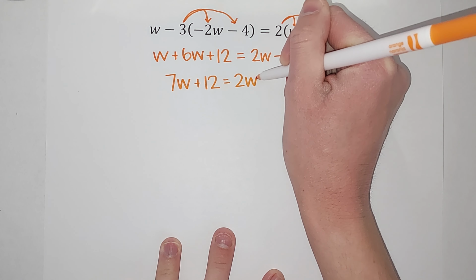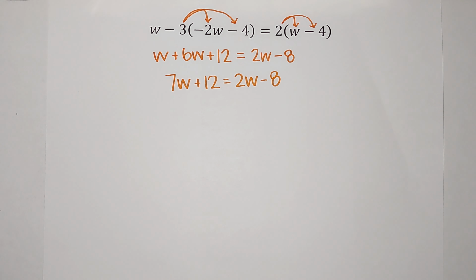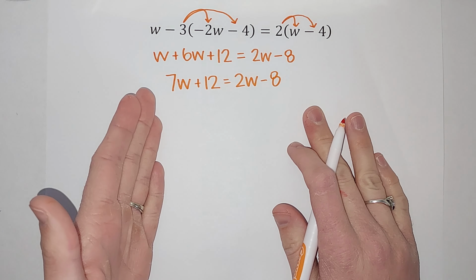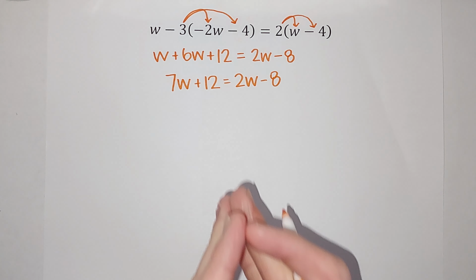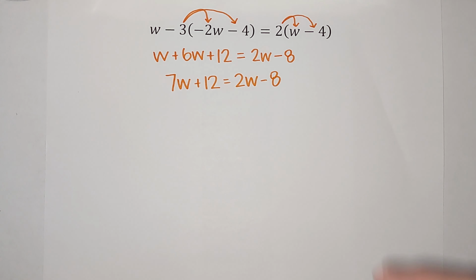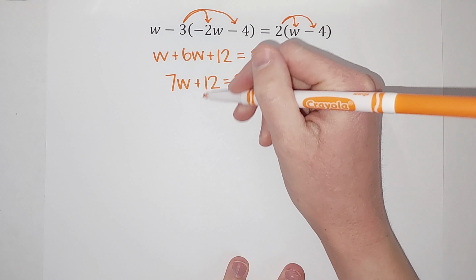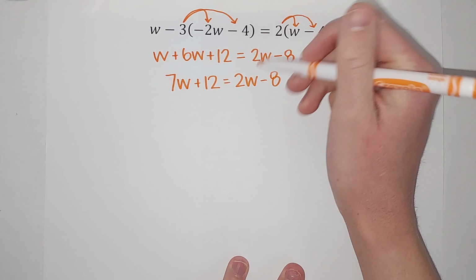Okay. All right, now what? Now I want to get all my letters together and all my numbers together. So, there's a couple different ways you can do it, and we should get the same answer. So what I'm going to do is, I usually like to have my letter on this side, my number on this side. It doesn't have to be like that. That's just kind of how I'm used to it. So I'm going to try and get all my W's over here and all my numbers over here.